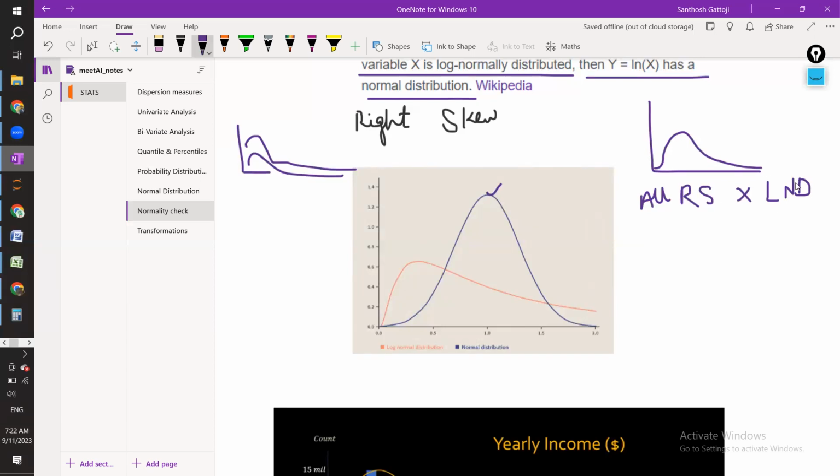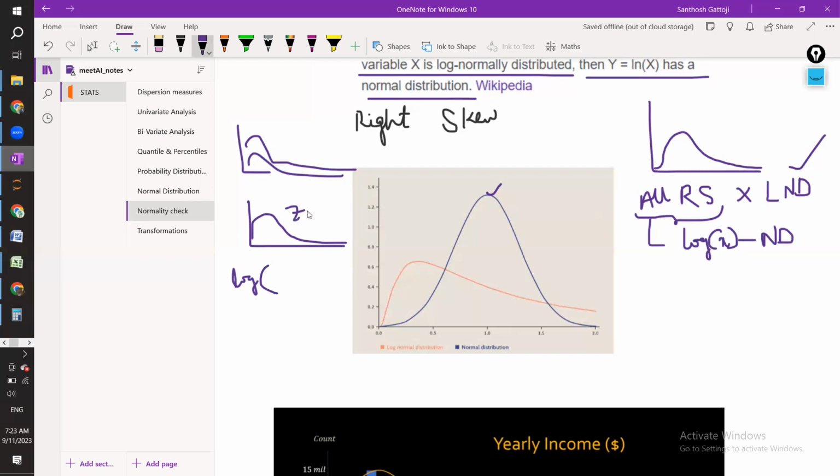Lognormal distribution means it is right skewed, but all right skewed are not lognormal. Only those right skewed distributions whose log values, log of x, are normally distributed are called lognormal distributions. Because you can have some other right skewed distribution, let me call this some z distribution.